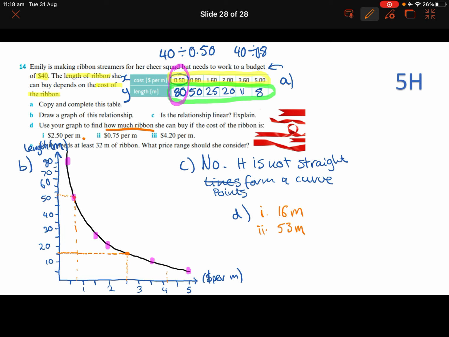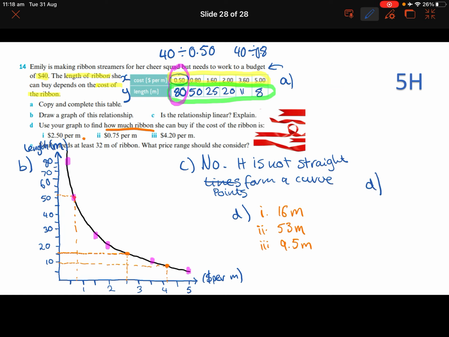So $4.20 would be about here. So how much when we are here? Let's go along. It's just under 10, so it's about 9.5 meters. Okay, so you'll notice in the answers it should say the word approx because everyone will be a little bit out because we are getting our answer from a graph, so it can be a little bit difficult.